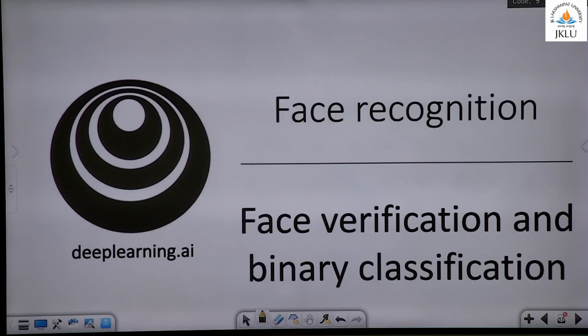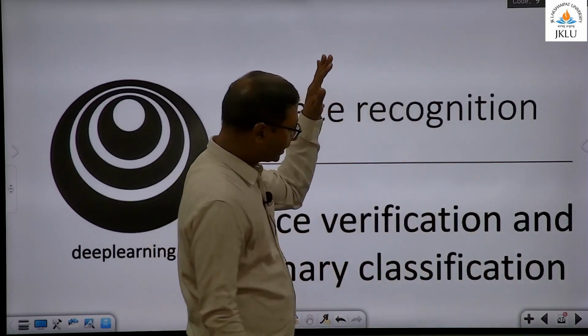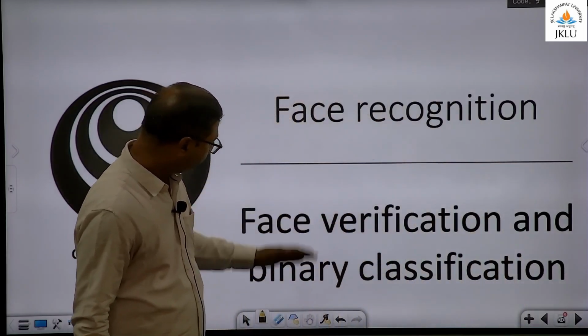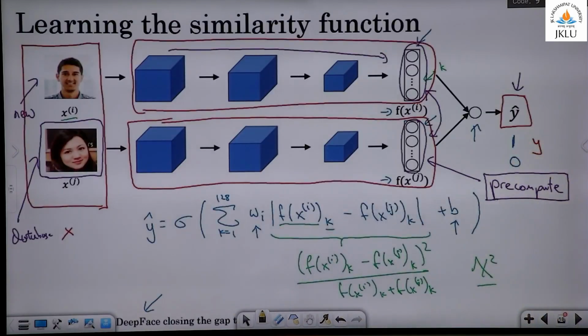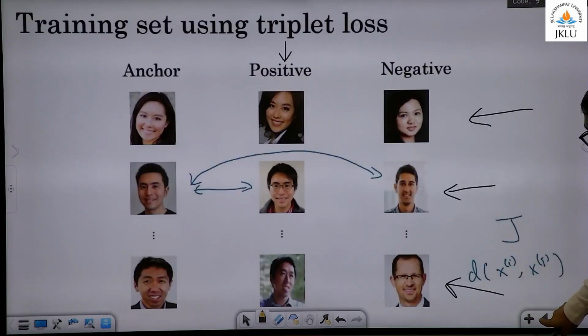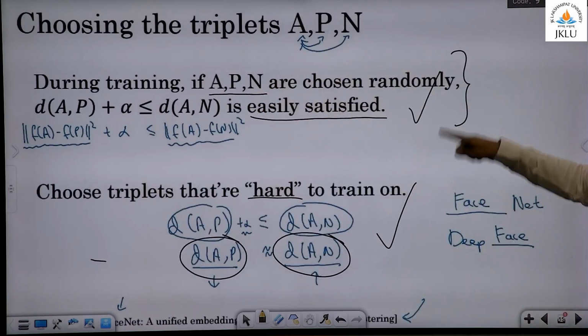So face verification and binary classification. So we are done with what we were doing before. We have done with triplet loss. Now we come to face verification and binary classification. What is going on here? This is a different approach. The previous approach is done. You have trained this using this objective that we saw, maximum of that, and then train and you are done.